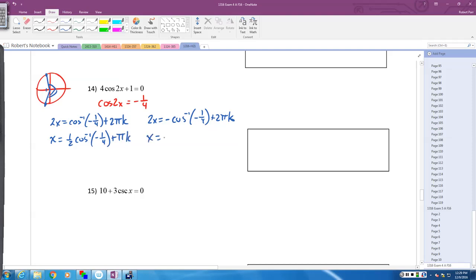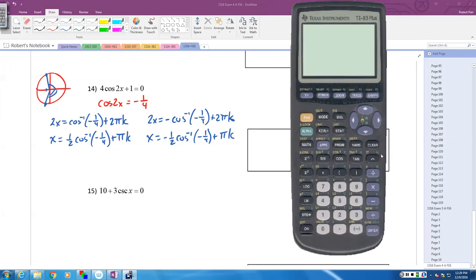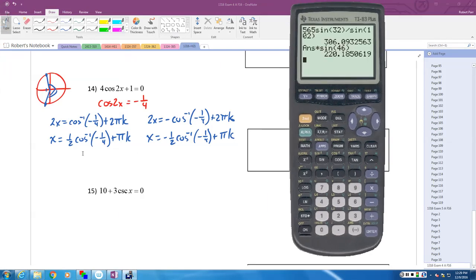That will give me these values. And I think I wanted all the solutions from 0 to 2 pi, right? So I'm going to start off with 1/2 inverse cosine negative 1/4. Start off with a k of 0.